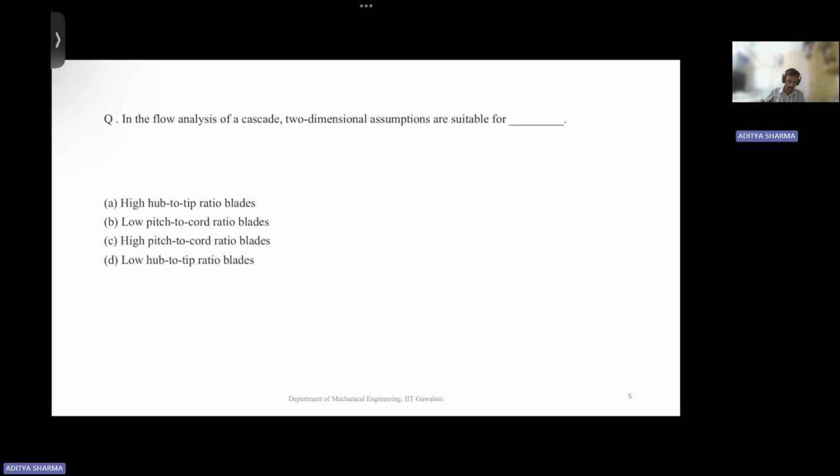The four options are: first, high hub to tip ratio blades; low pitch to chord ratio blades; high pitch to chord ratio blades; and low hub to tip ratio blades.